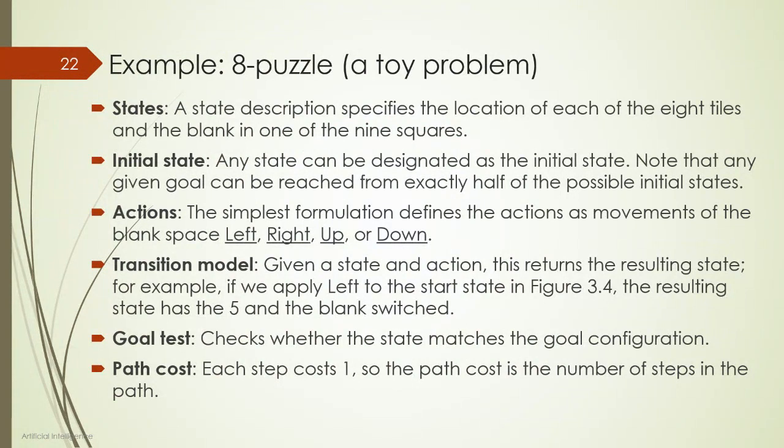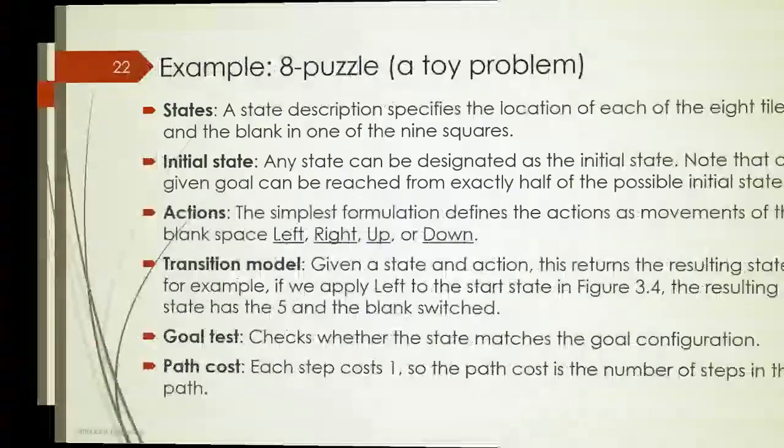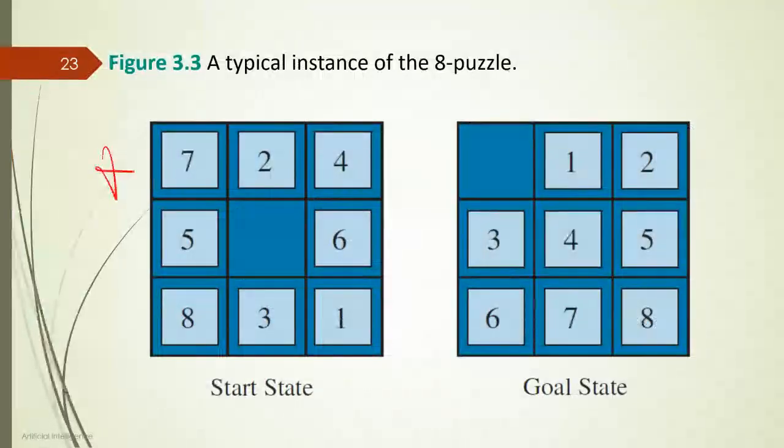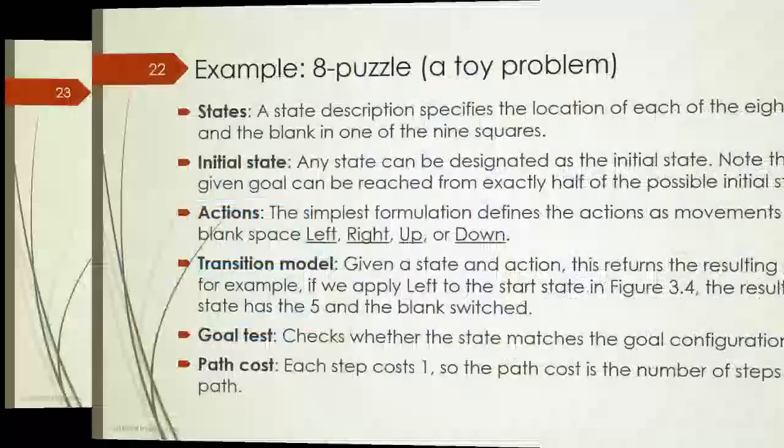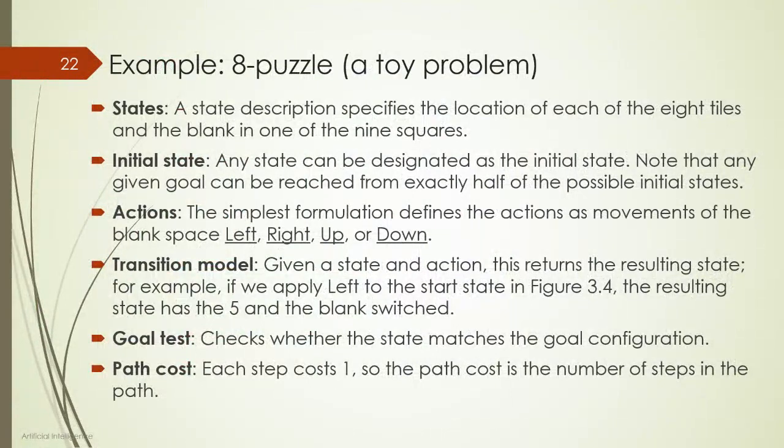So a state will be, for example, on the left-hand side: you have 7 here, 2 here, 4 here, 5 here, the empty space or blank here, 6 here, 8 here, 3 here, and 1 here. That would be one state of the problem.